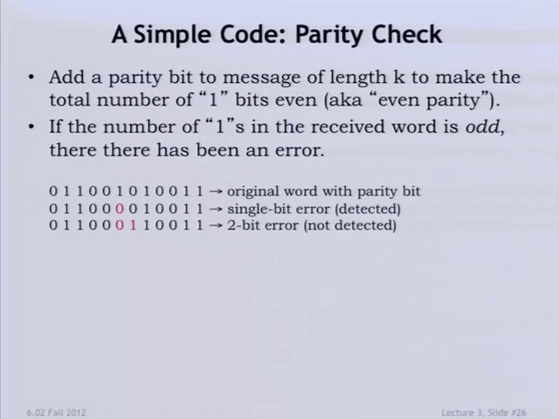Right? How do I know that the minimum Hamming distance is 2 in this case? I have to be able to produce for you some other code word that is 2 hops away. Any ideas there? So I give you a code word which is the original message word with a parity bit.